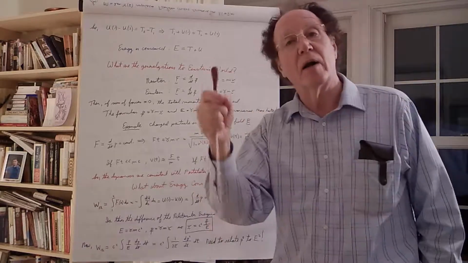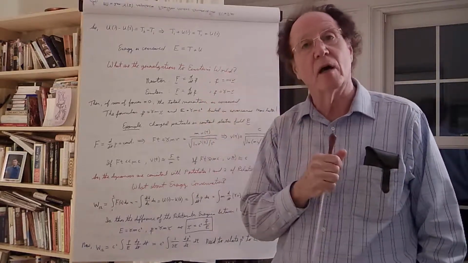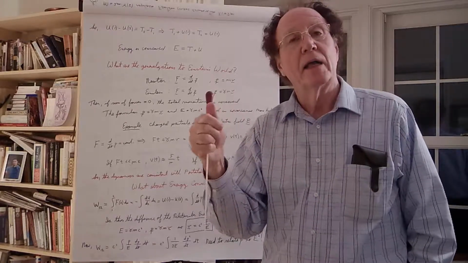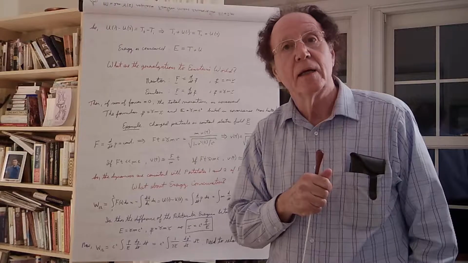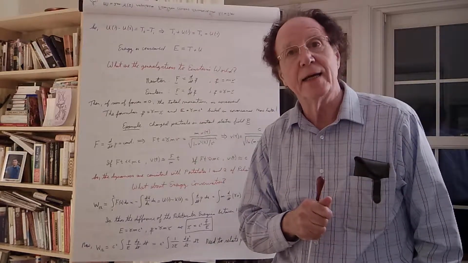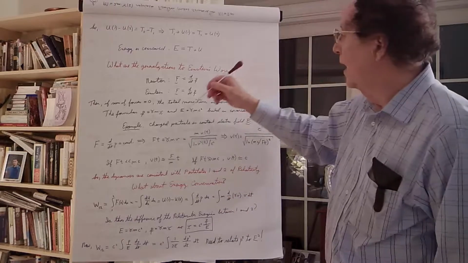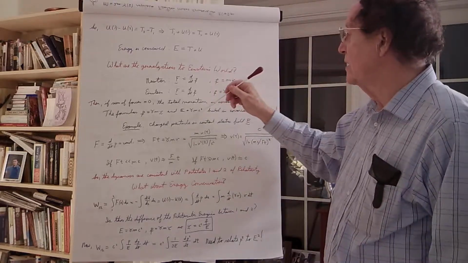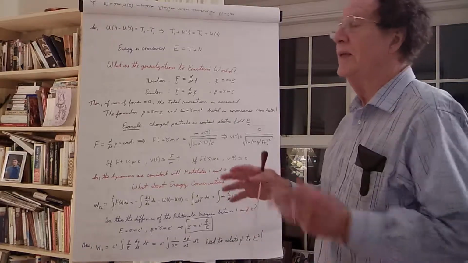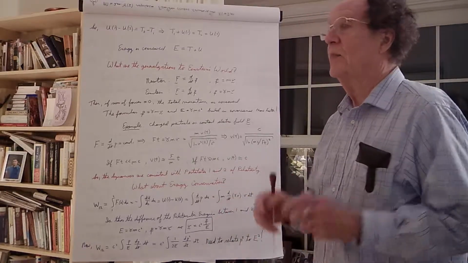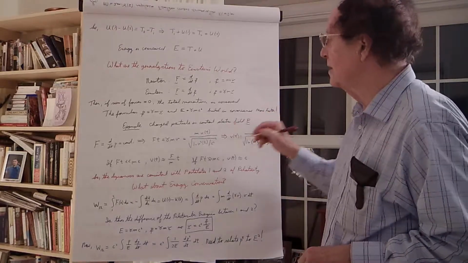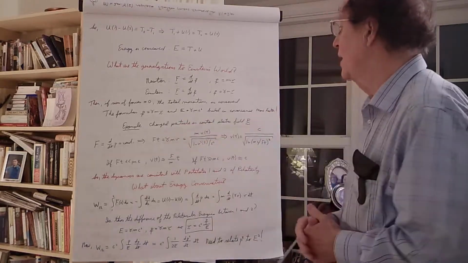I imagine the particle initially at time t equals 0 is at rest, and then the force is applied. The time over which the force is applied is called t, and so F times t is the change of the momentum, which is gamma mv. Change of momentum is the momentum at the end, minus the momentum at the beginning. The momentum at the beginning is 0, and so this is just the integral of this equation.